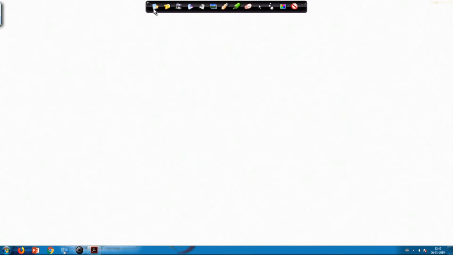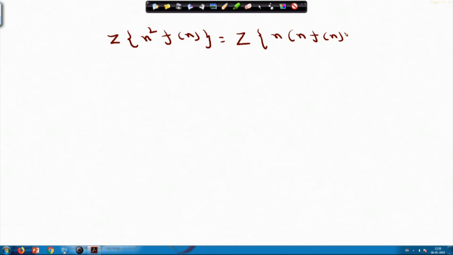Similarly, in the same way, if I take the Z transform of n square into f(n), this equals n into n f(n). So now your f(n) is n f(n). If I use the earlier result, then this equals minus z into d/dz of z into n f(n).